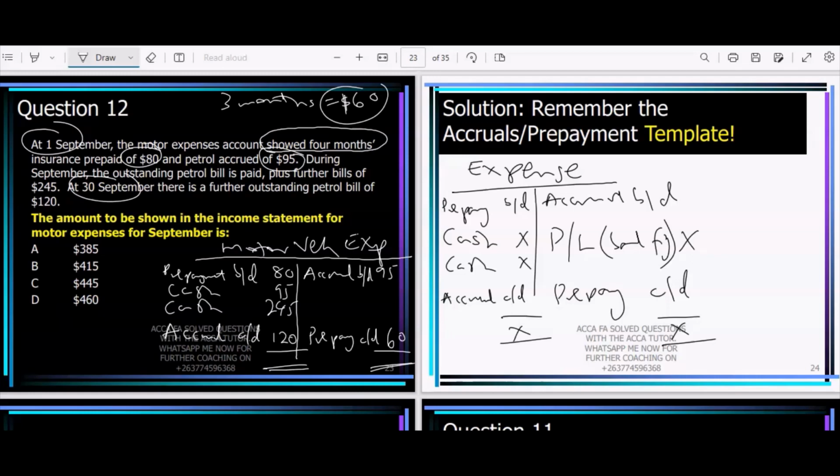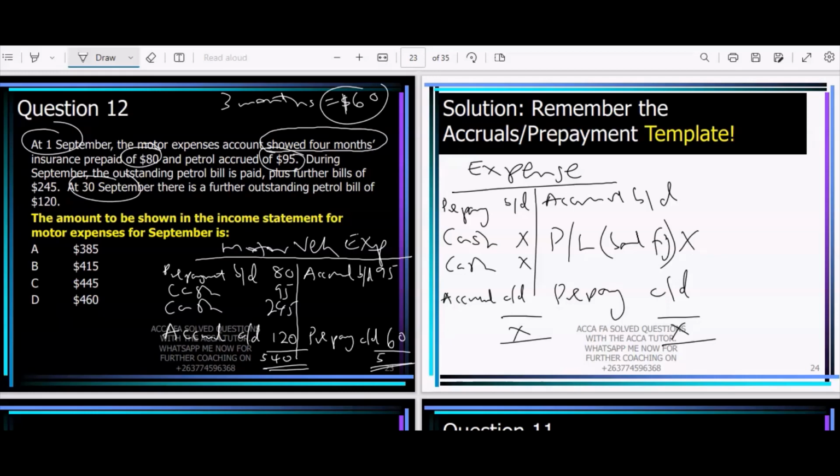The side of the account with a larger amount is given preference, and its figure appears on both sides of the account. We can see that the debit side has got a larger amount. If we add 80 plus 95 plus 245 plus 120, we get 540.